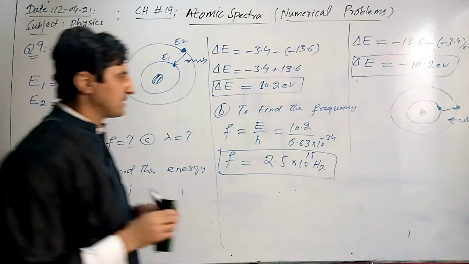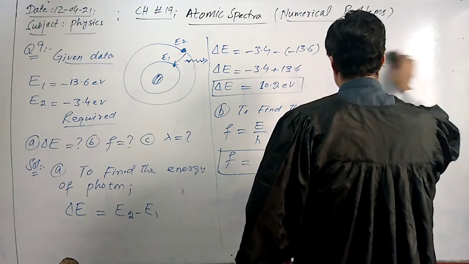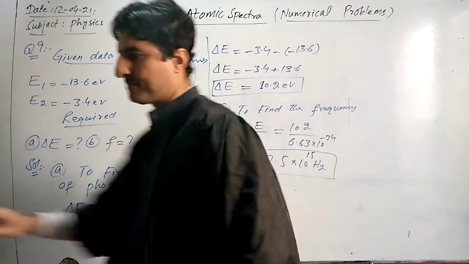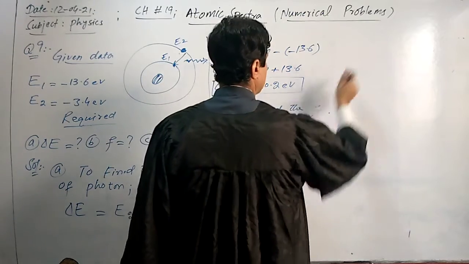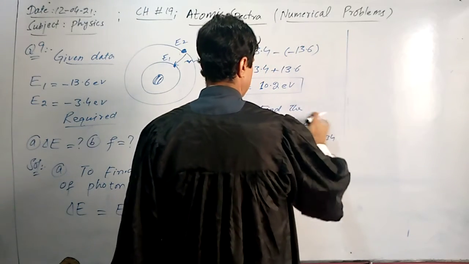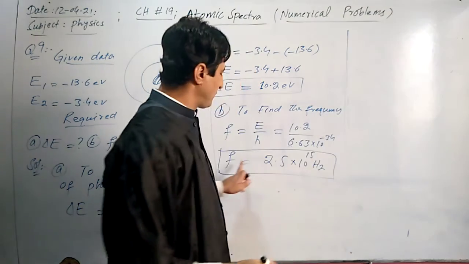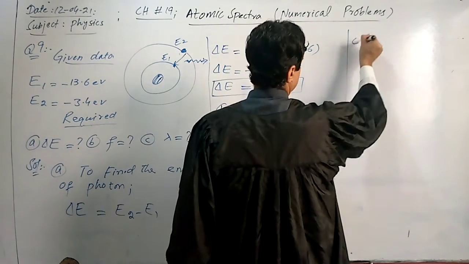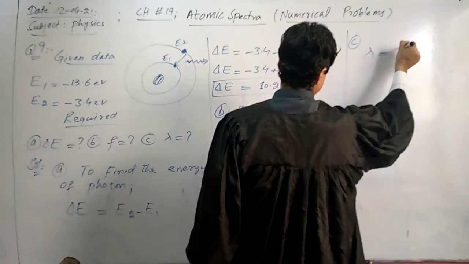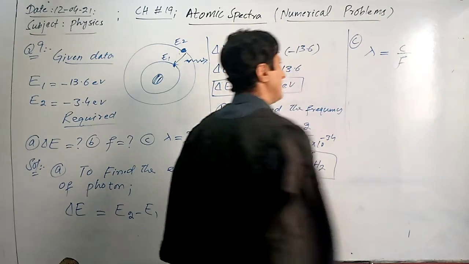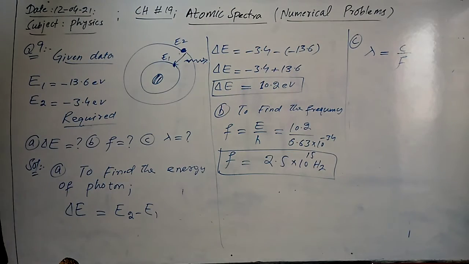So how to calculate the wavelength? In part C, we have to calculate the wavelength, which is equal to C divided by F. Lambda equal to C divided by F, here V equal to F lambda.